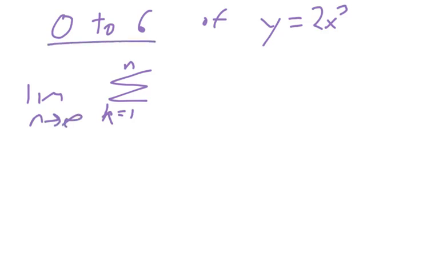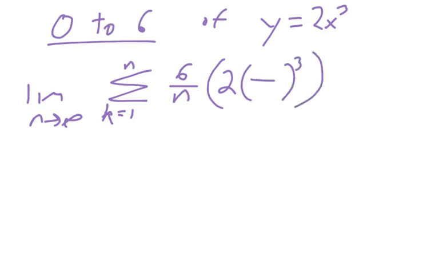Now since my interval is 6, I'm going to have 6 over n, and then I'm going to put 2 times something to the third into my equation, and this would be 6k over n, because this time, each time I move, it's going to be 6k instead of 3k.